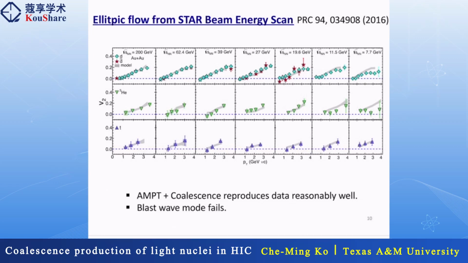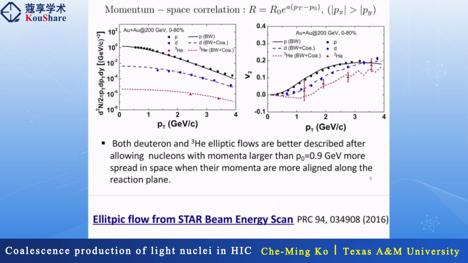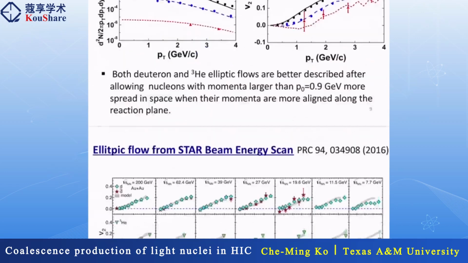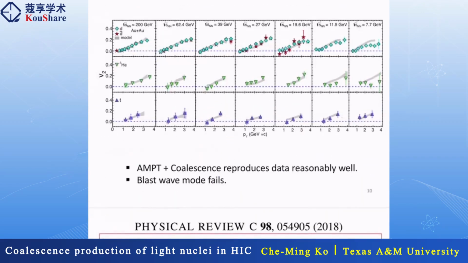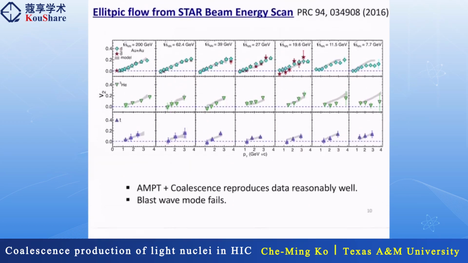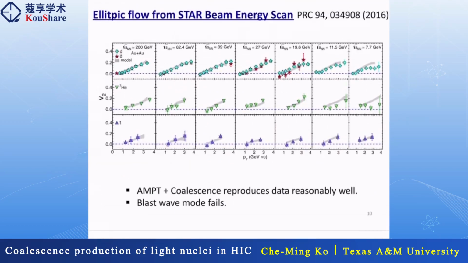Yugang and his collaborators claim that using AMPT plus the coalescence model, the coalescence I will discuss in a moment, can reproduce the data very well. But if one uses a blast wave model, it fails. Maybe that's the same reason: the normal blast wave model needs this kind of additional momentum space correlation, but in the AMPT model it is somehow automatically there. Maybe that's the reason, I don't know. But anyway, AMPT plus coalescence can reproduce the data very well.